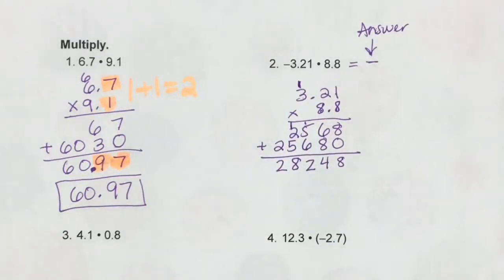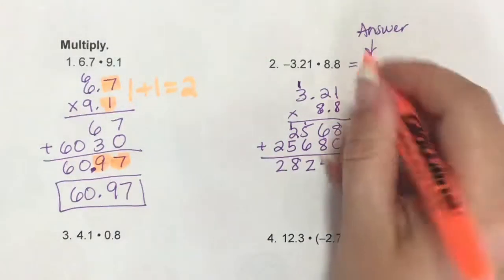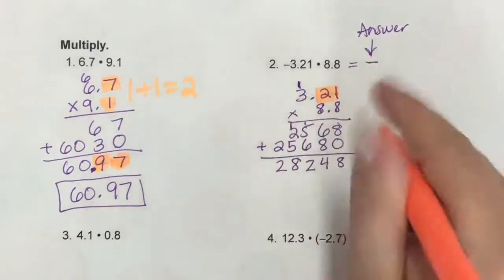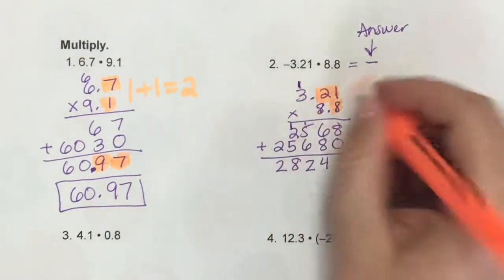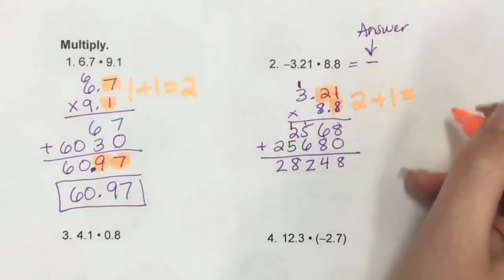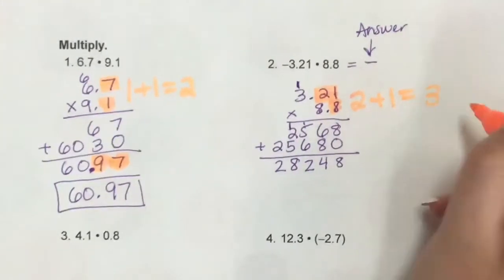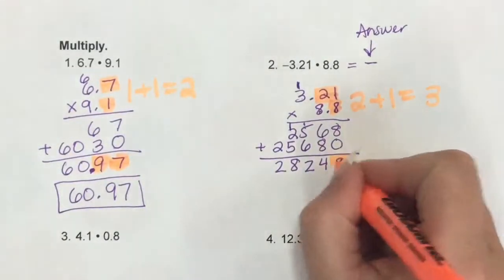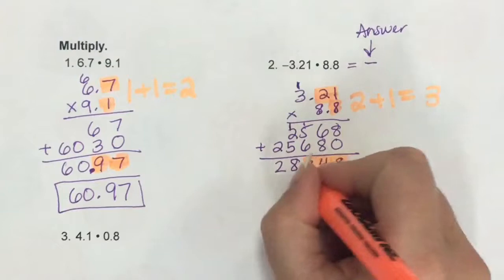Okay, now we have to look at the decimal places. So 3.21 has 2 decimal places. 8.8 has 1 decimal place. So that is 2 plus 1 decimal place, which equals 3. So that means our answer has to have 3 decimal places. So that would be 1, 2, 3.